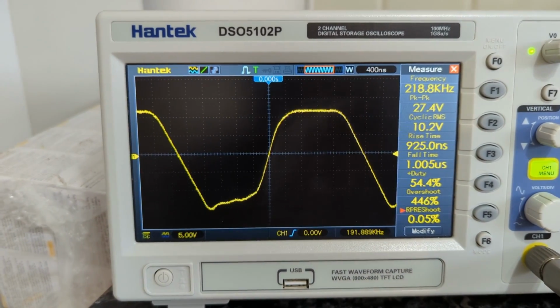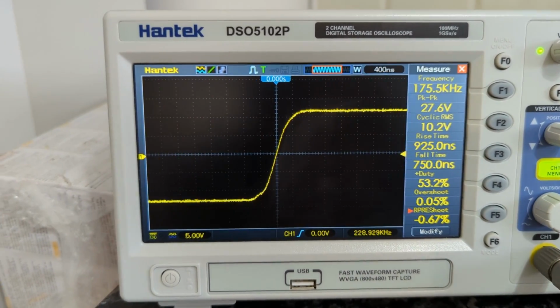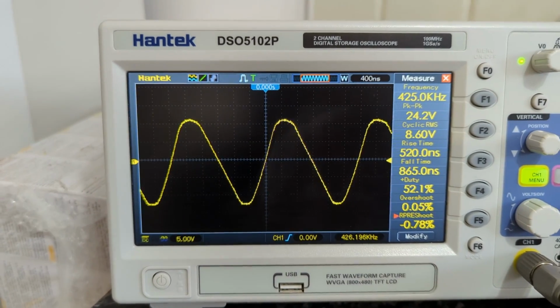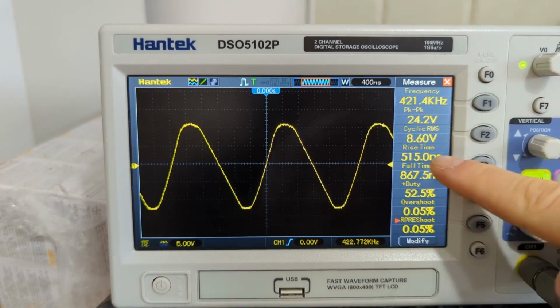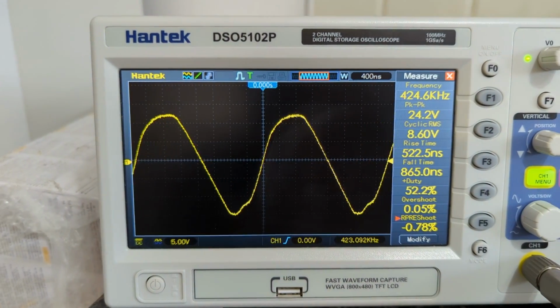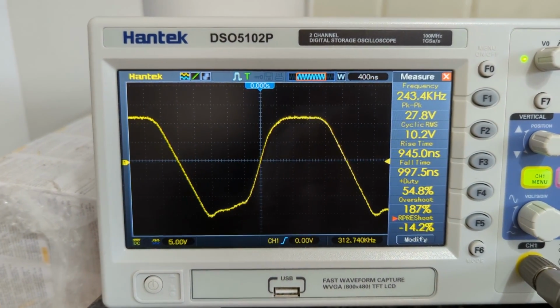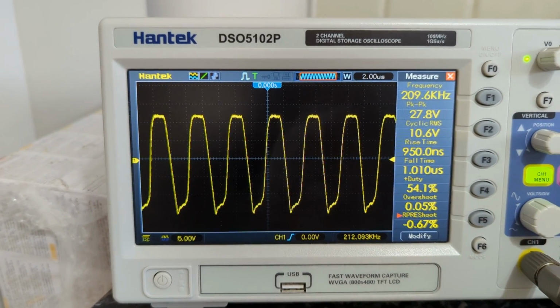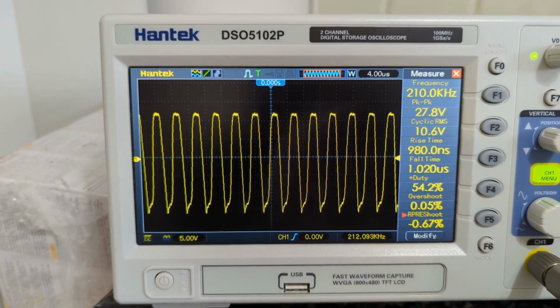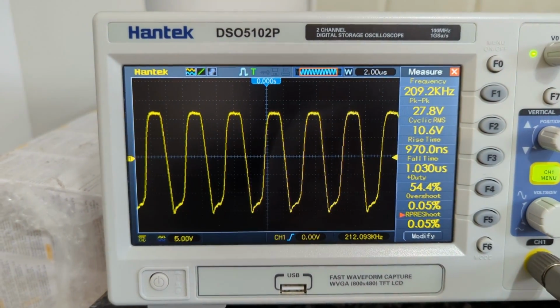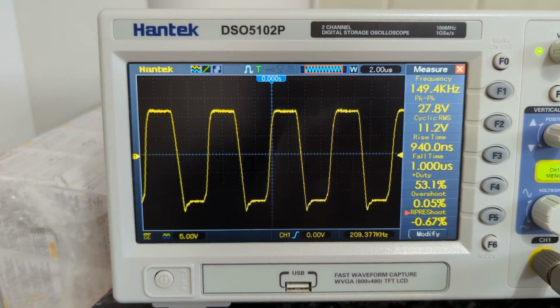Let's increase the frequency even more. Yeah, see, this is basically a sine wave or a triangle wave, but this is 400 kilohertz. Even if we keep it at 200 kilohertz, it doesn't really look like a square wave, but the top is there. But again, this is 200 kilohertz, which is ridiculous.